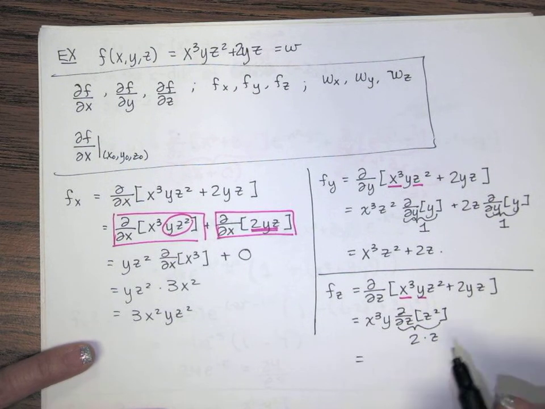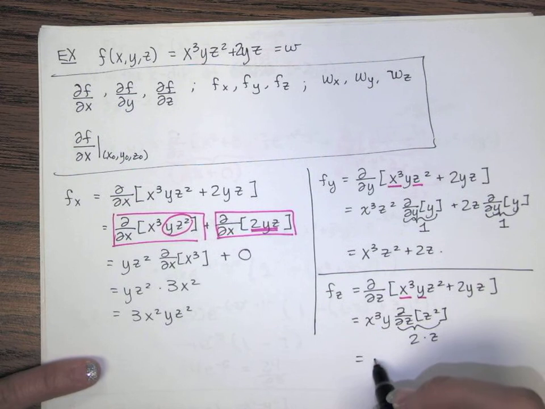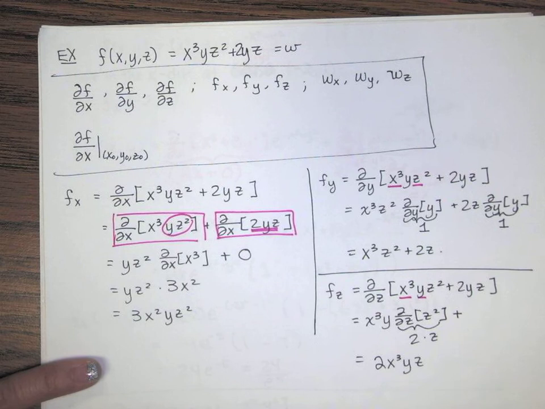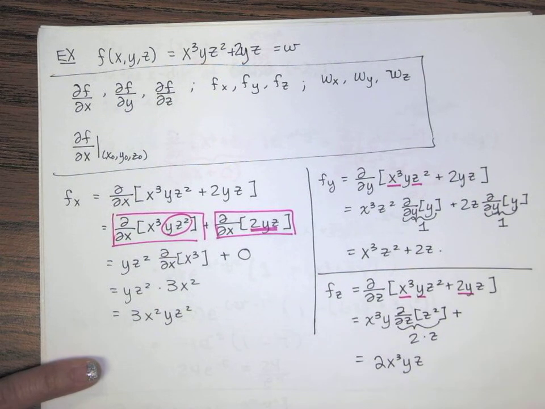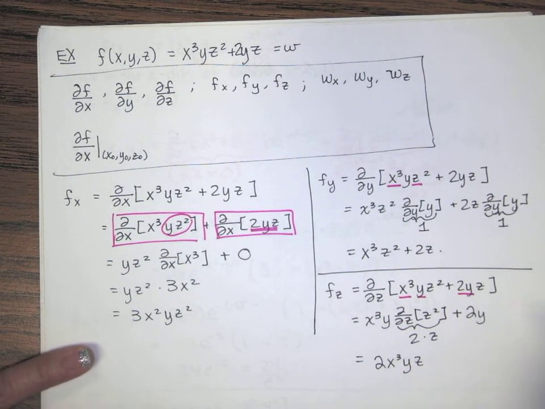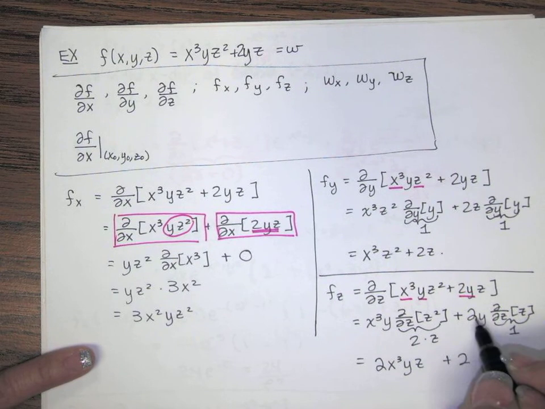And then we tend to list everything in alphabetical order and put the numerical factors first. So we'll do 2x cubed y times z. Plus, this is the derivative of a constant times z. It's just the constant 2y. Or if you're not comfortable with that, you could pull out the constant and take the derivative of z with respect to itself, and that's 1. And you're going to get the same answer. It's just the constant.